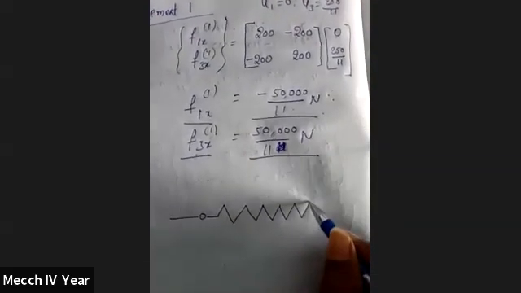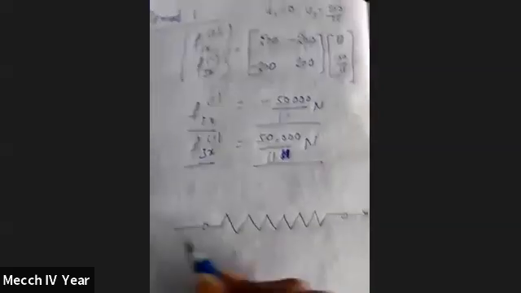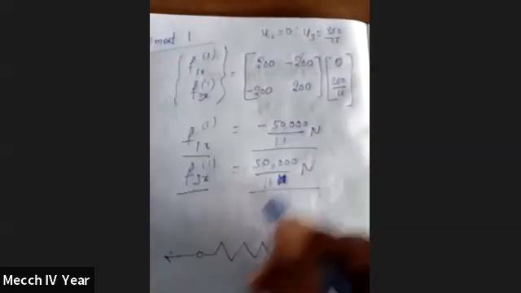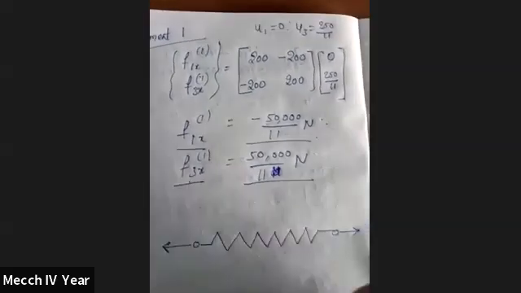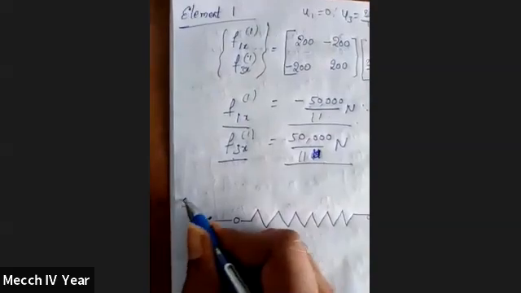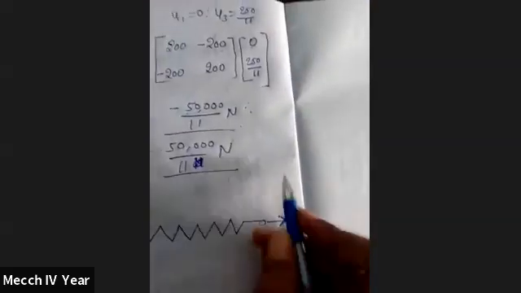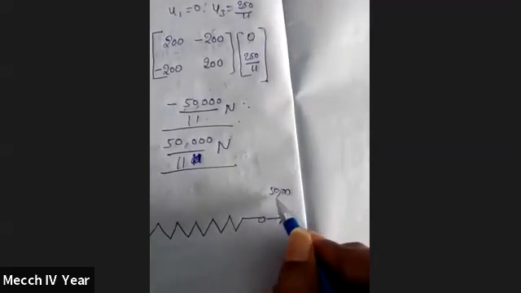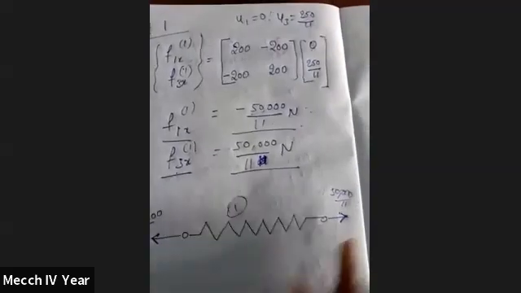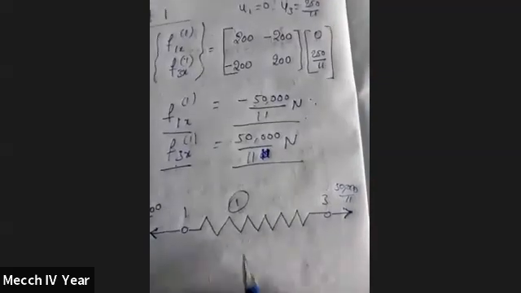I'm going to separate this first element. This is minus 4, so I'm going to take the opposite direction. This is the forward direction. Now we see this one is 50,000 by 11, and this one also is 50,000 by 11. It is in equilibrium, element 1. This node is 1, and this node is 3.